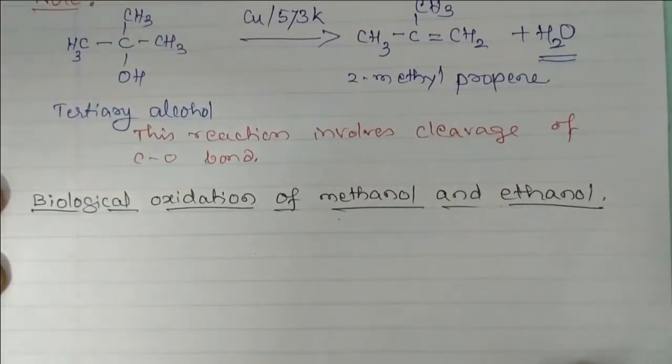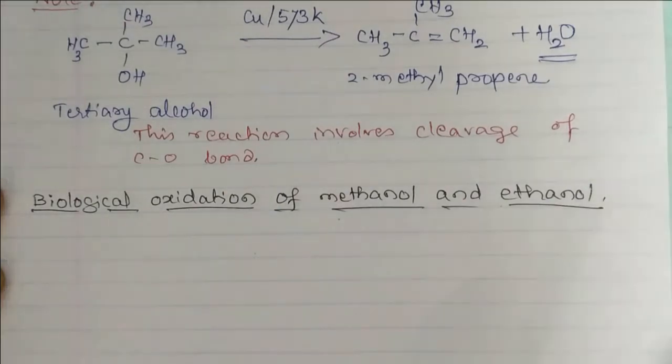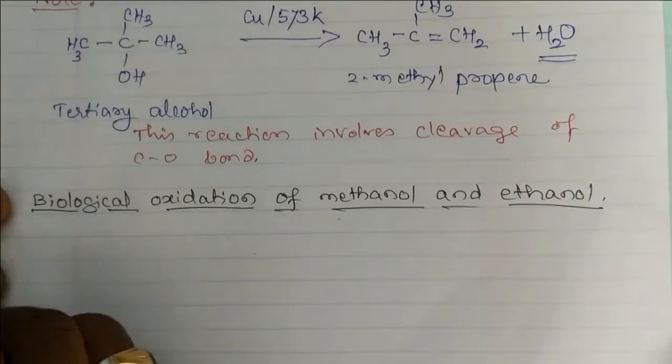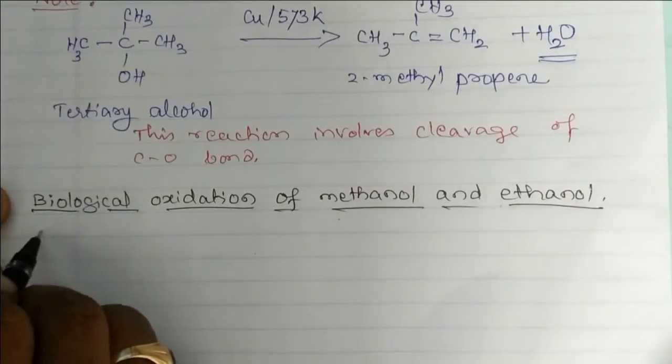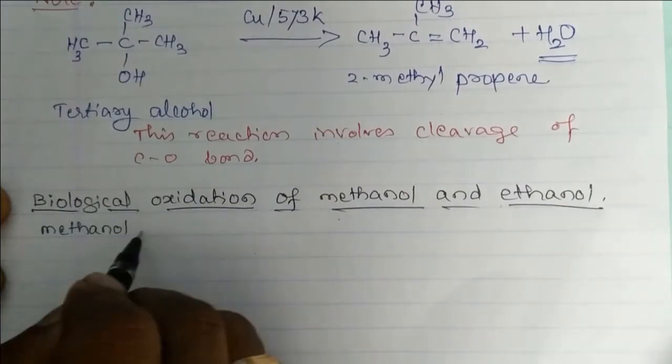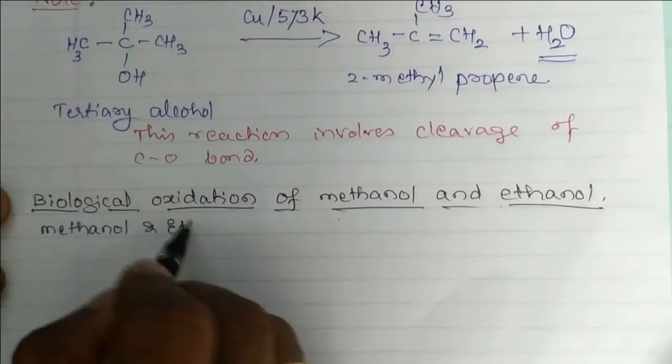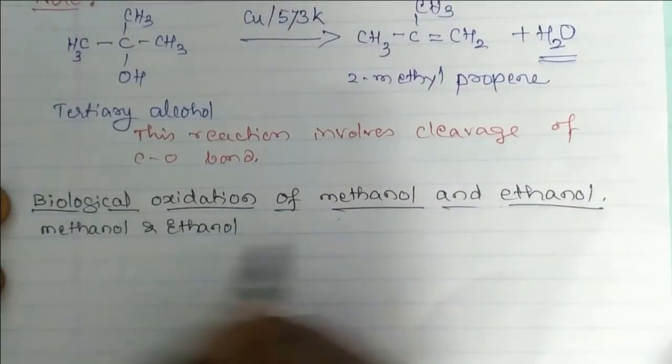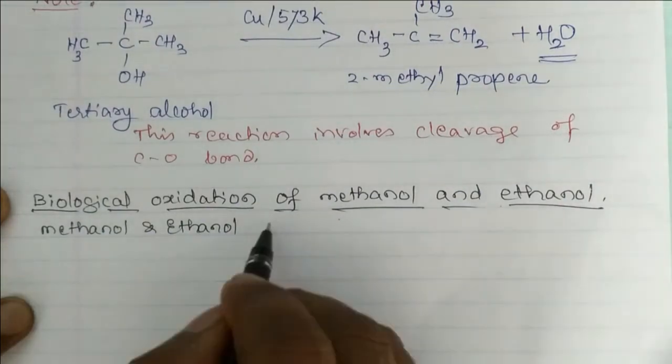Now we'll discuss biological oxidation of methyl alcohol and ethyl alcohol. Methanol and ethanol in the body are oxidized to aldehydes by the enzyme alcohol dehydrogenase.